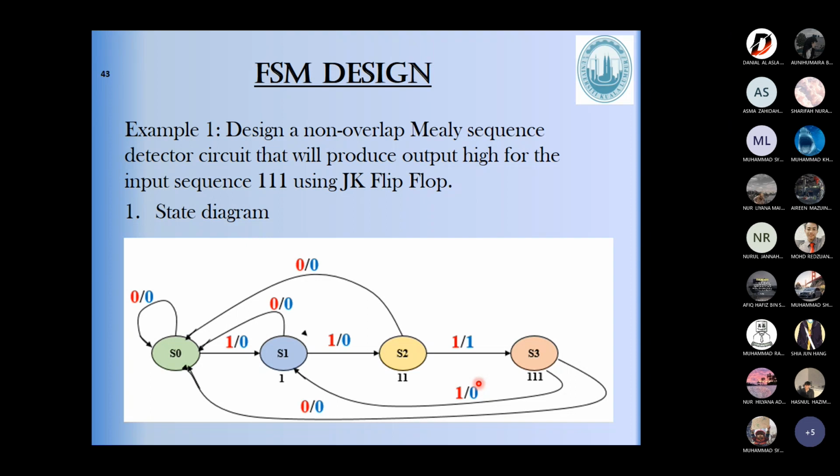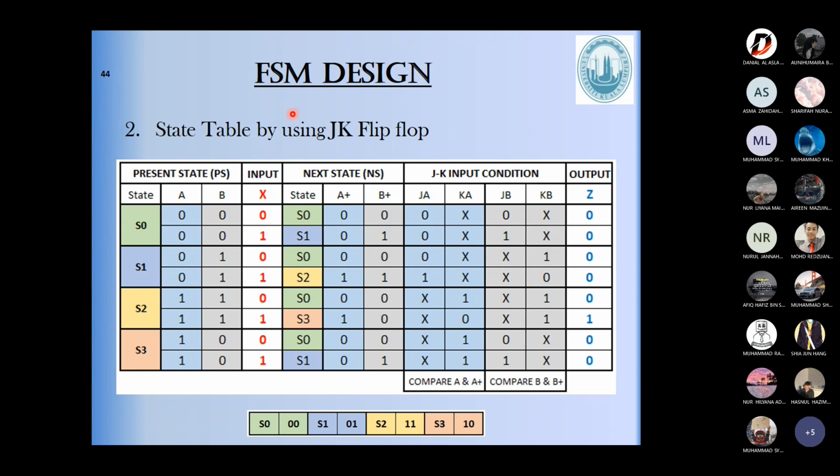State diagram betul. The rest tu saya rasa should be no problem. Sebab state transition, you have already used them dekat dalam counter. Same way, cuma ada tambah 2 kolom baru. And then K-maps, you dah belajar daripada introduction to digital lagi. And then circuit diagram pun, you dah tahu macam mana nak lukis. Sama macam counter.